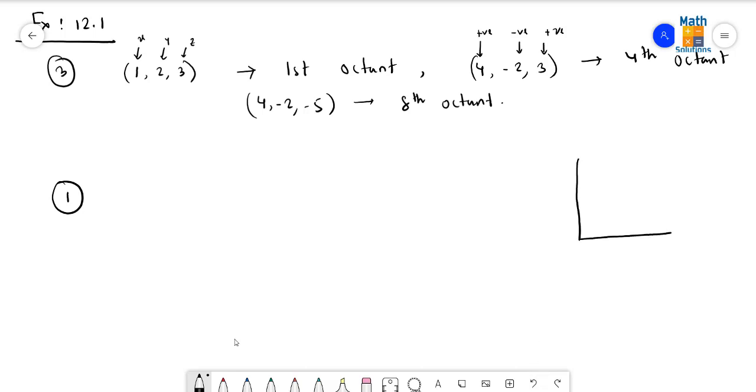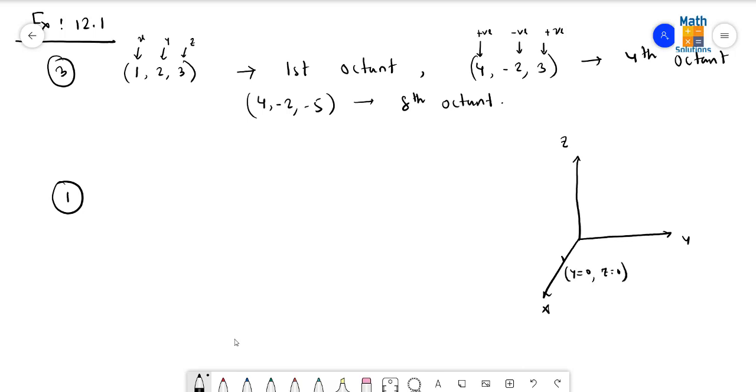This is the figure. Here, this is x, this is y, this is z. If any point is lying on this axis, very clearly its y coordinate will be 0 and z coordinate will also be 0.